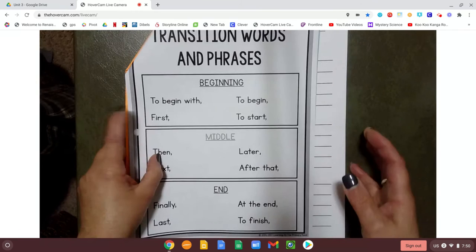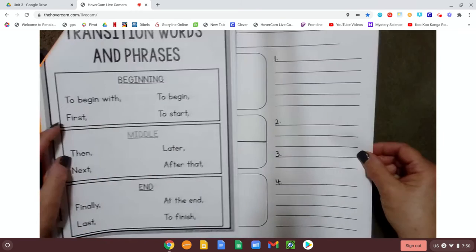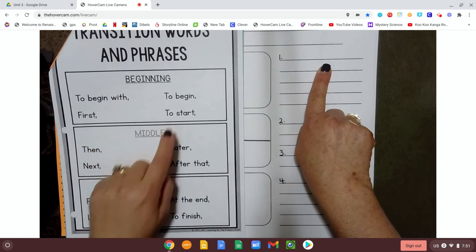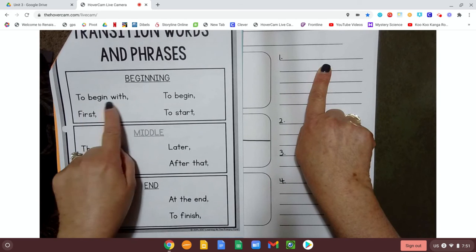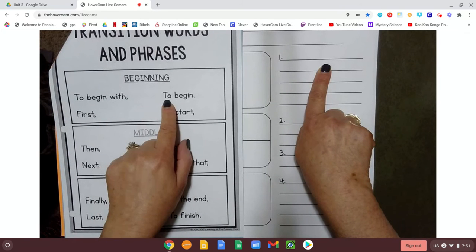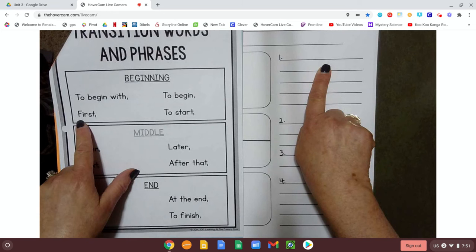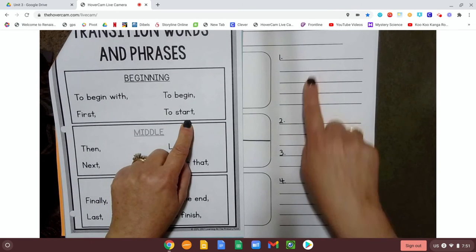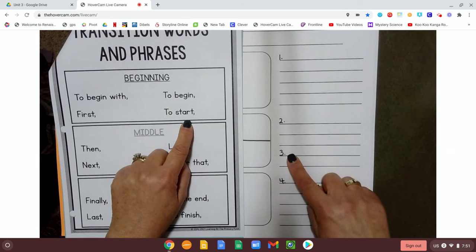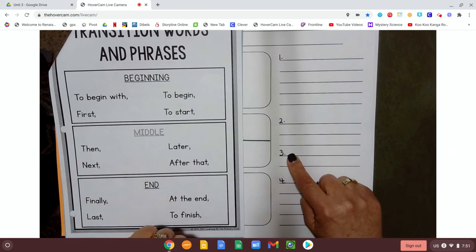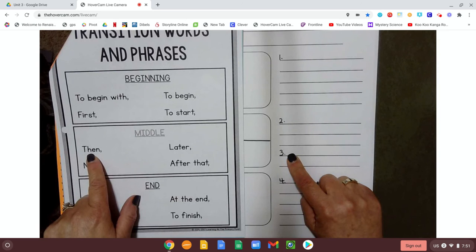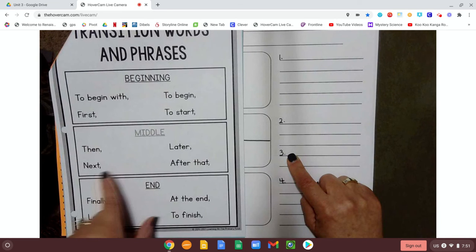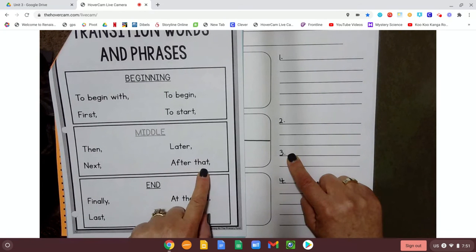So when I sit here and I look at my first part, that would be the beginning. And so I might want to start my story with to begin with, or just to begin, or the word first, which we've used, or to start. The second and the third steps would be my middle steps, and we could use the word then, later, next, and after that.